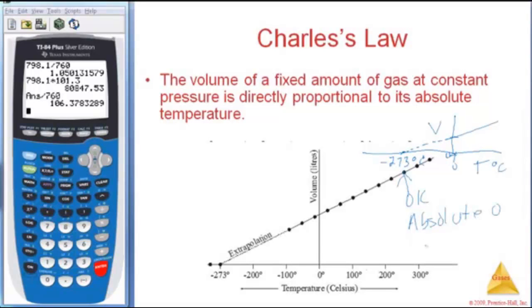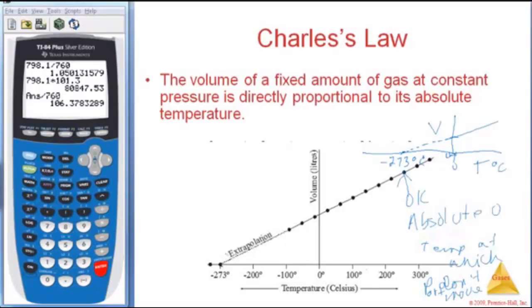And this is known as the temperature at which particles no longer move. We know particles always move, so this is a theoretical temperature. We've gotten close to it, but never actually there.